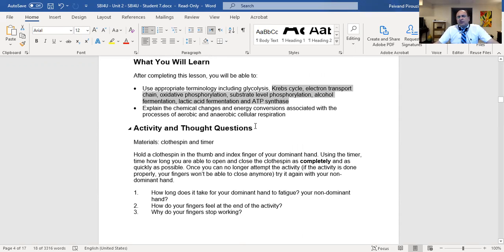We are not in class, but usually when a teacher is teaching this topic, they ask students, do you have any fatigue? Have you experienced any fatigue? And students say yes. The real thing is that yes, we do have fatigue. That's because we do not have enough energy to produce movement all the time.